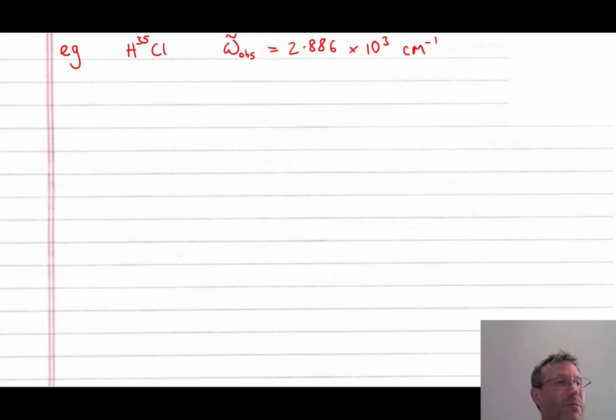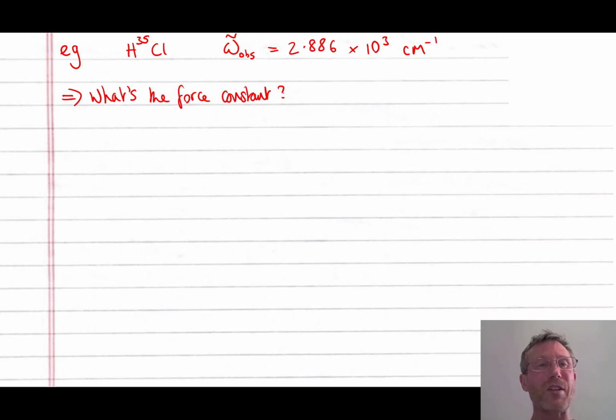And the question might now be, what's the force constant? This might be a question you might find on homework or on an exam. First of all, we're going to write down what that force constant is in terms of the expressions we've seen already: 2 pi c omega squiggle squared times mu.